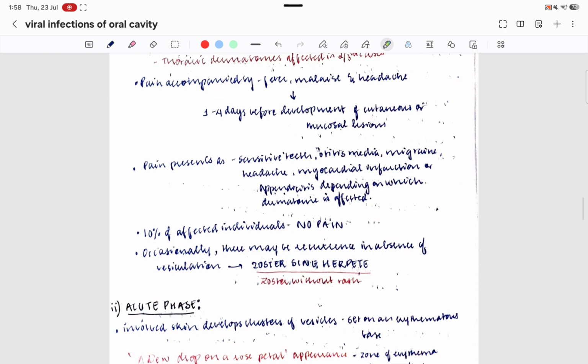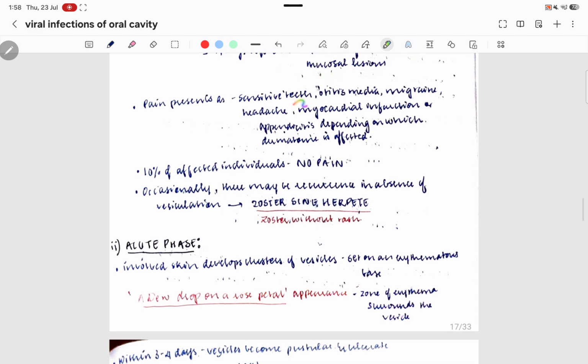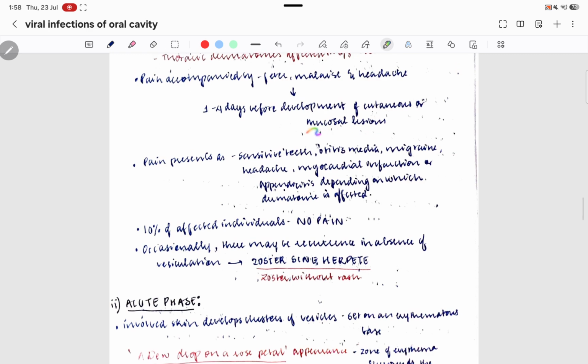So after the pain there is fever, malaise, and headache. After these clinical symptoms, about 4 days later, there is development of mucosal lesions.